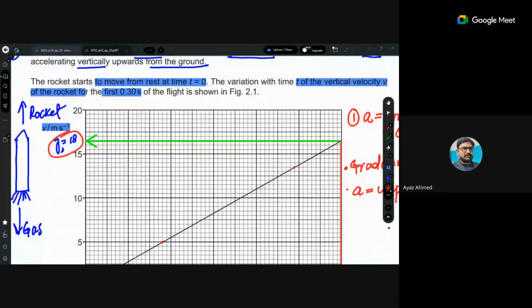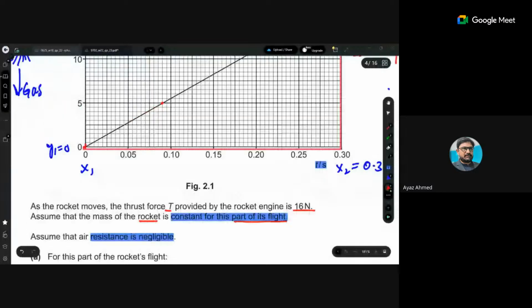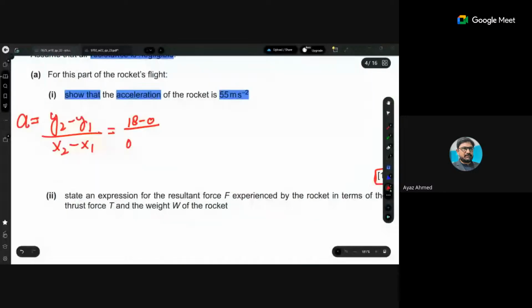So 18 minus 0 divided by x2 is this point, which is 0.30 and x1 is 0. So we can consider that 0.30 minus 0. So calculations करेंगे जरा.